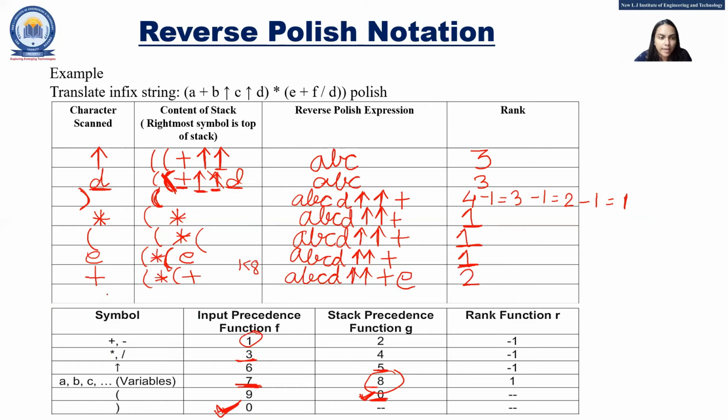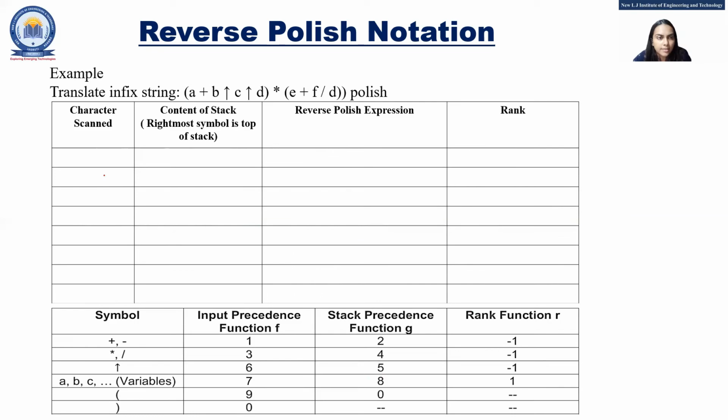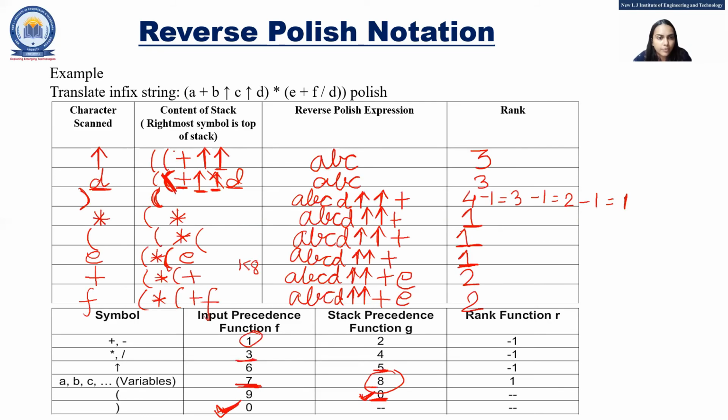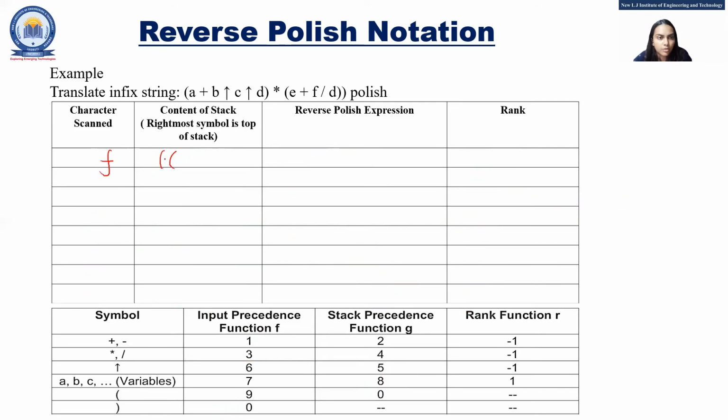Next one is F. Again, plus and F. F is greater precedence. So it would be pushed. A, B, C, D plus E and now it is a value 2. Let's copy the content. The last content here it was F, right? And we pushed onto the stack.